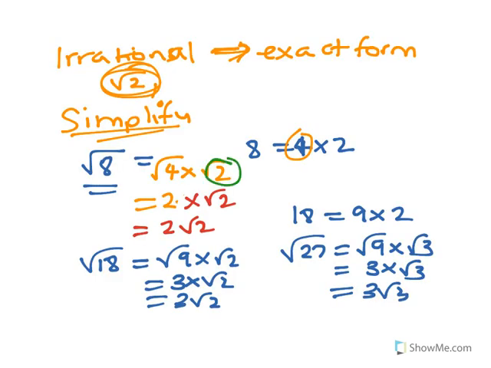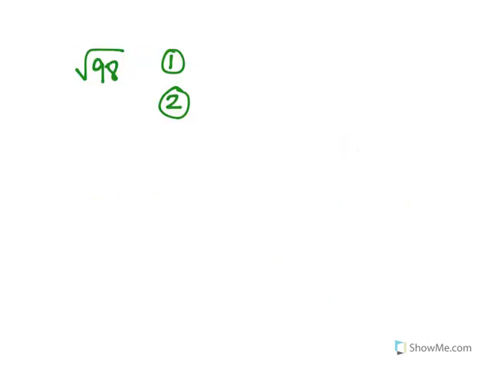If we want to simplify a surd that's really big, like 98, and you can't find the square number, there is a system for doing this. Basically, you can see the surds often end up being 2 or 3, maybe 5. So if you can't think of anything, you start by dividing by 2, and then you divide by 3.